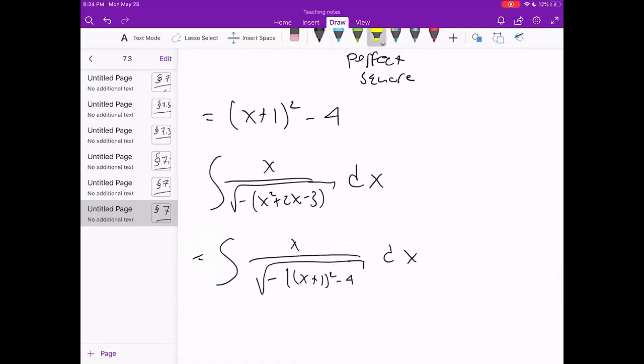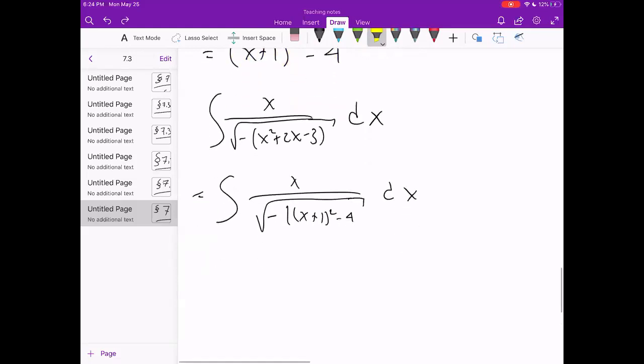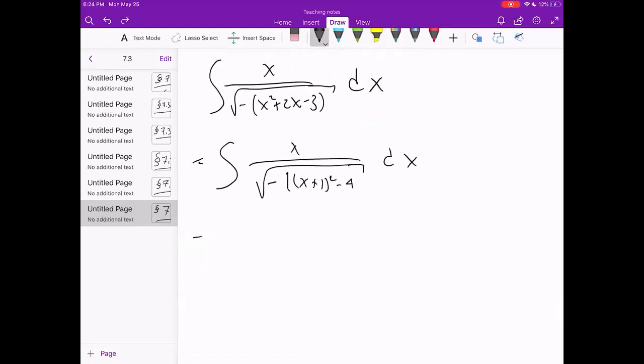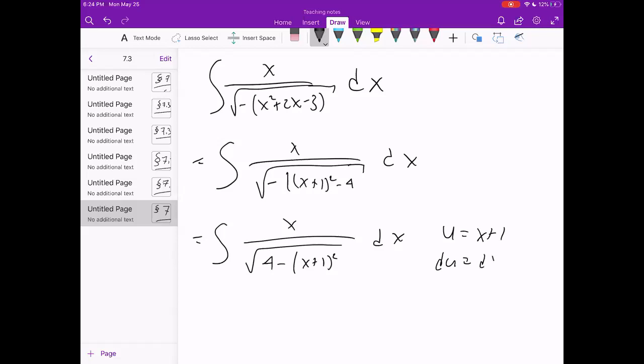So that comes from completing the square here, x plus 1 squared minus 4. And now what you can see is this almost looks like a trig substitution. This is the integral x over square root, I'm going to distribute that minus sign, now this is 4 minus x plus 1 squared dx. Almost looks like a trig substitution here. So we're going to do a u substitution so that u is equal to x plus 1. And du is just dx.